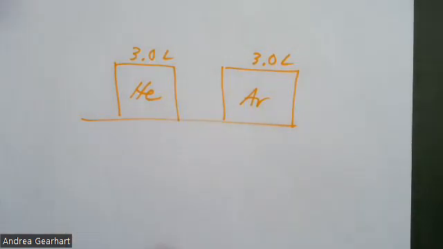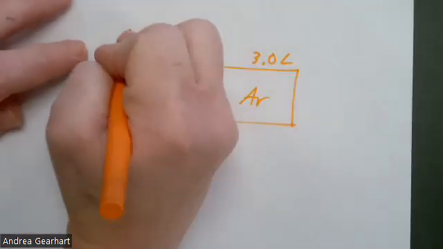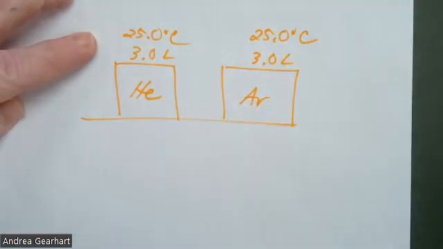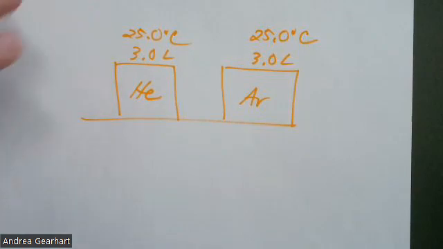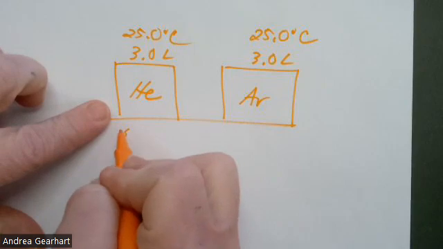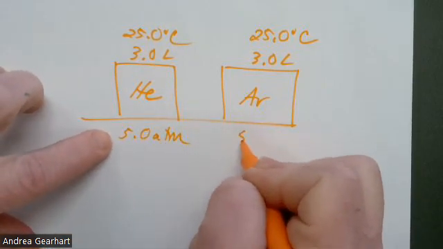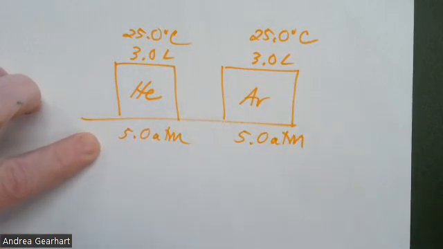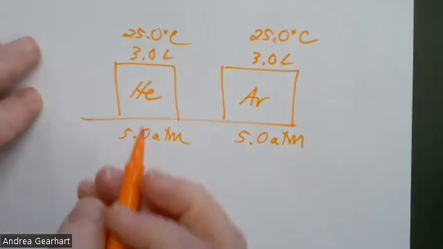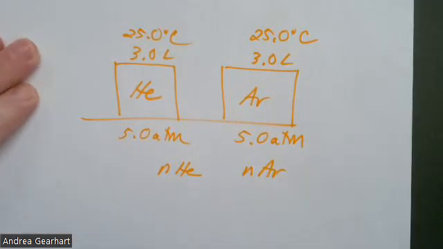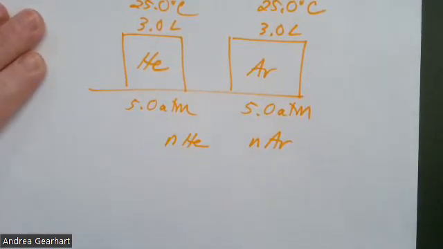They're held at room temperature, approximately 25 degrees Celsius. And we measure that this is exerting 5 atmospheres of pressure, and this is exerting 5 atmospheres of pressure. How do the moles of helium compare to the moles of argon? How do you know?